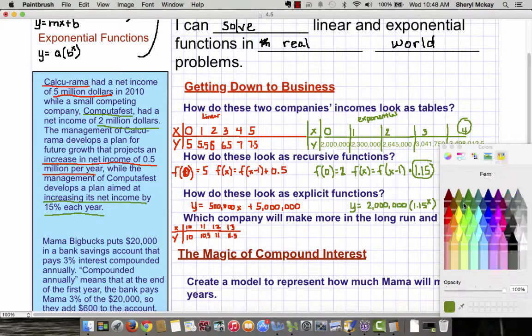But let's figure out what happens with Calcurama. So I started with 10 years. So when x is 10, I had to pull out my calculator because obviously those are big numbers.